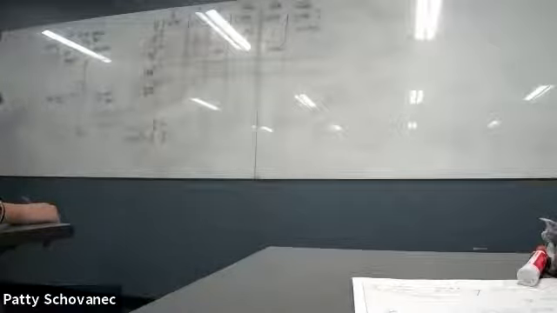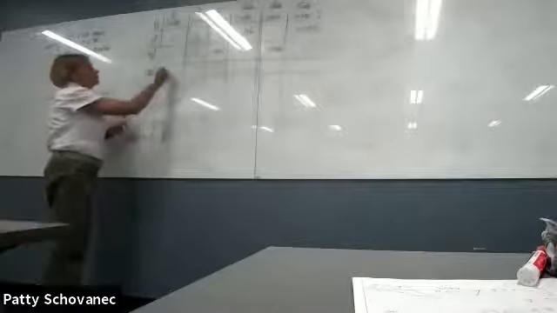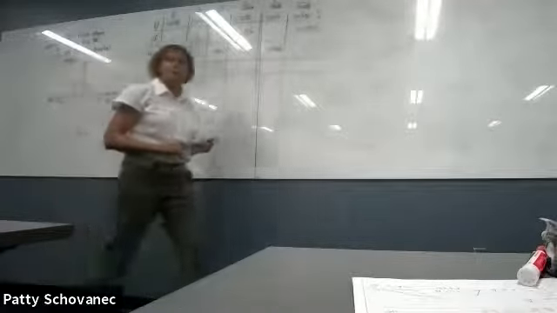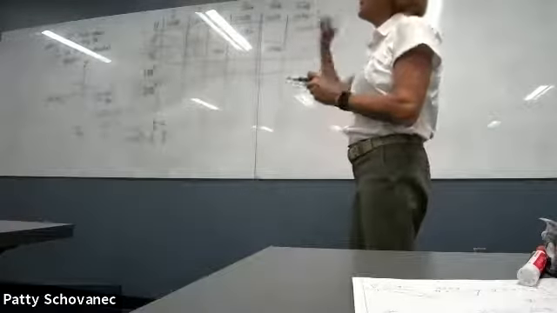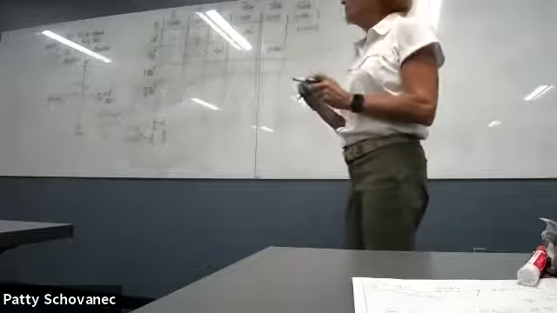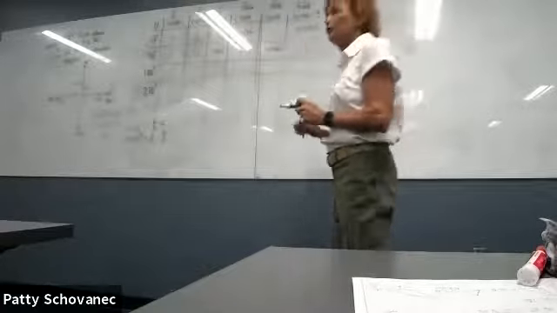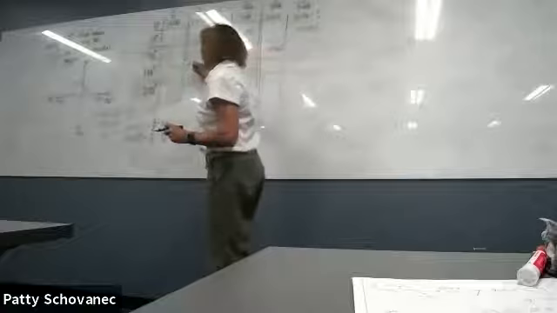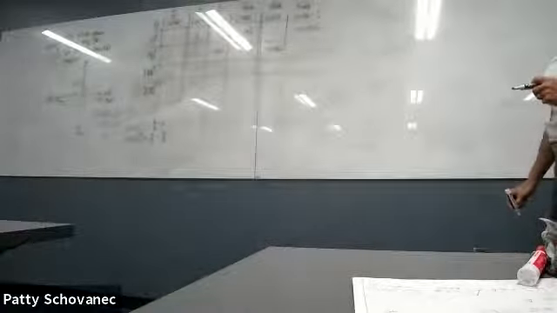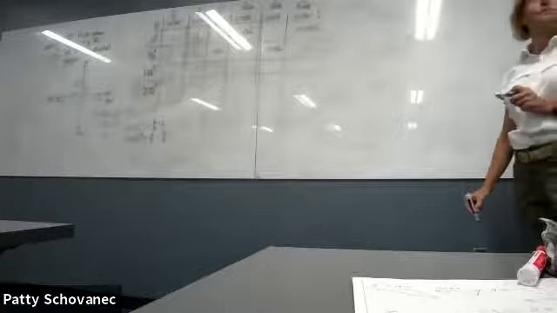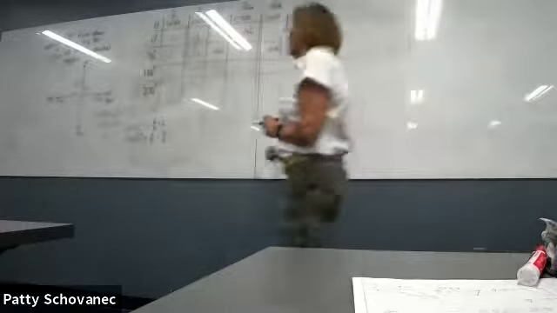So the sine of 180 degrees is y over r. So it'll be 0. The cosine of 180 degrees is x over r. So I would have -2 over 2. The tangent is y divided by x. So 0 divided by -2 is 0.